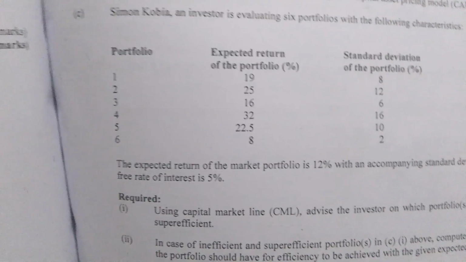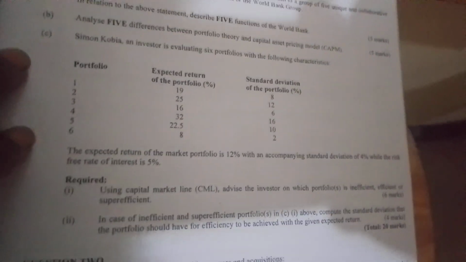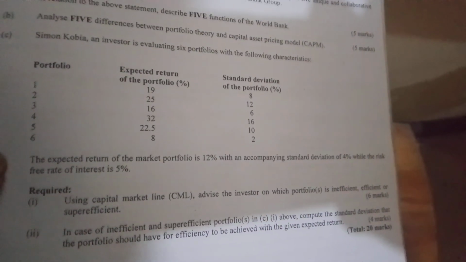Now I'll read it from here. You are told the expected return of the market portfolio is 12% with an accompanying standard deviation of 4%, while the risk-free rate of interest is 5%.